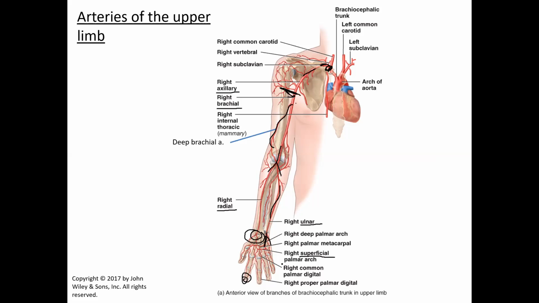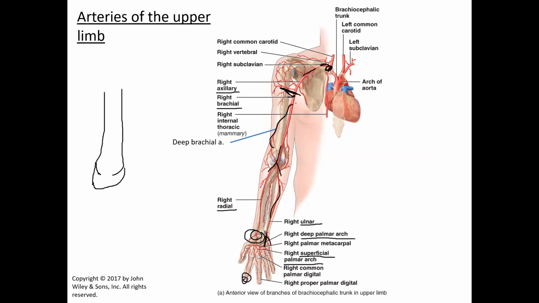I'll just draw it over here. Your radial artery is coming here. It gives a superficial branch and a deep branch. Your ulnar artery is over here, with a deep branch and a superficial branch.